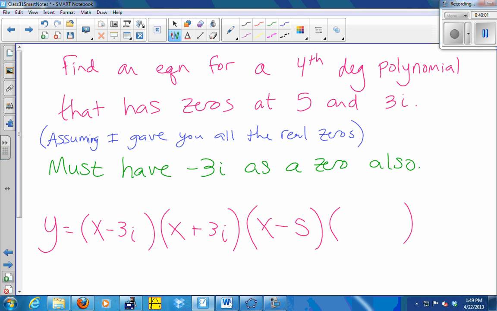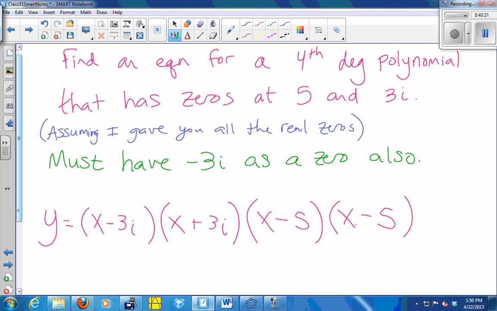If there are no other zeros, x minus 5 has to be repeated because there's a missing factor. It has to be that x minus 5 is a 0 twice. Assuming I gave you them all, right? Not holding out on you. And you can put any constant in front of here, and you'll have all the same zeros.